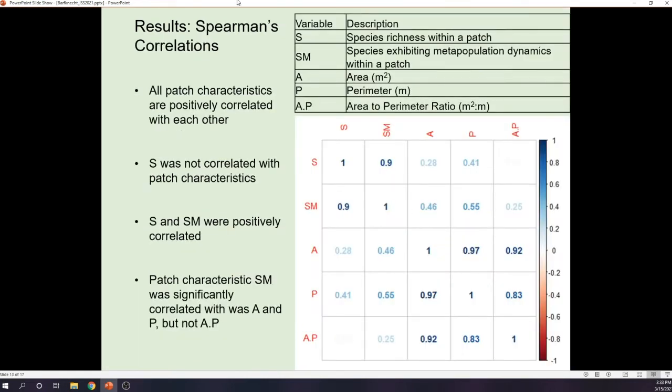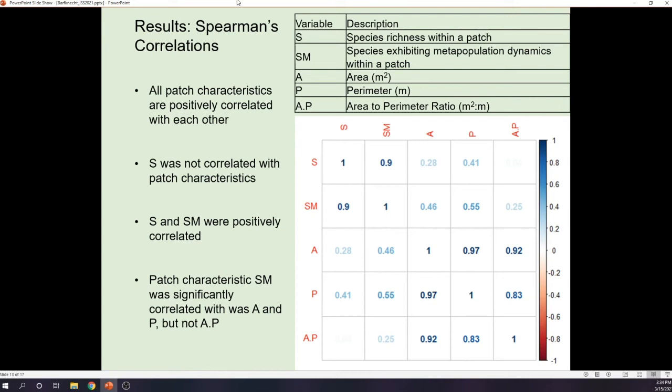And then moving on to the Spearman's rank correlations, this is again a non-parametric rank-based correlation, and all of these features here are total species richness of all species, species that exhibited the metapopulation dynamic. So the 20, if there's the occurrence of one of the 20 some species in the site, it's counted.